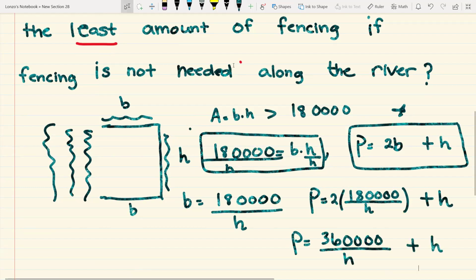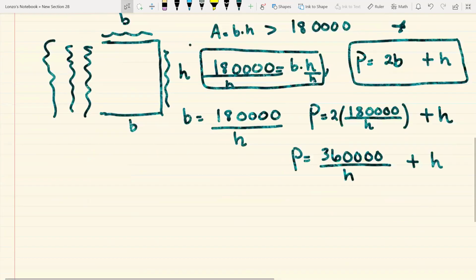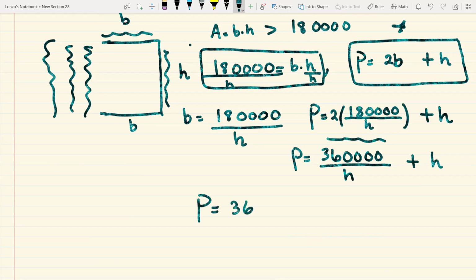Okay. What to do next is take the derivative of p and set it to 0. But first, before I do that, maybe I can rewrite this part right here as 360,000 h to the -1. I think that would be a lot easier when we take the derivative.